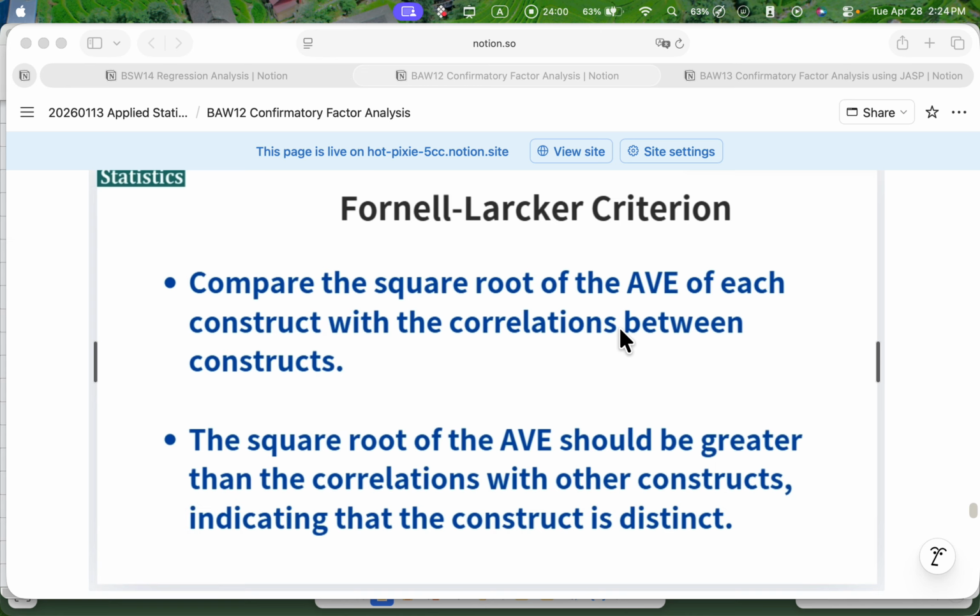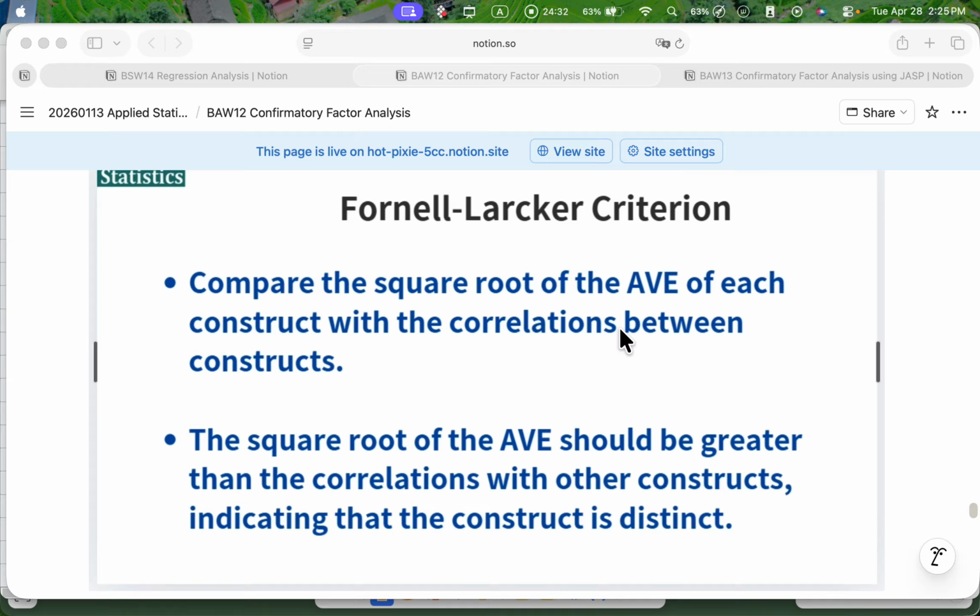What does that mean? It means the square root of AVE for each construct. I can put the square root of AVE here, here, here, and here. You need to create a table something like this one.